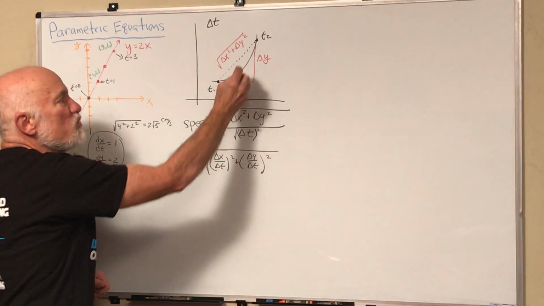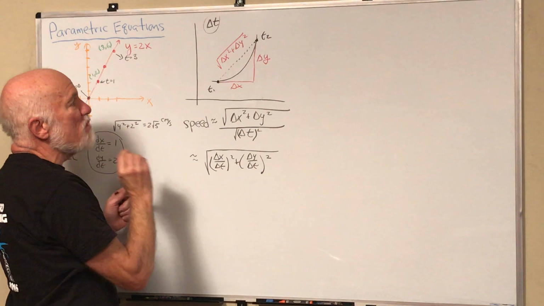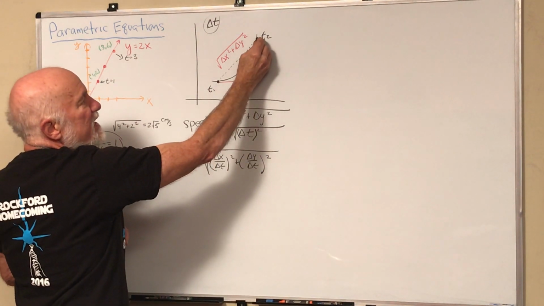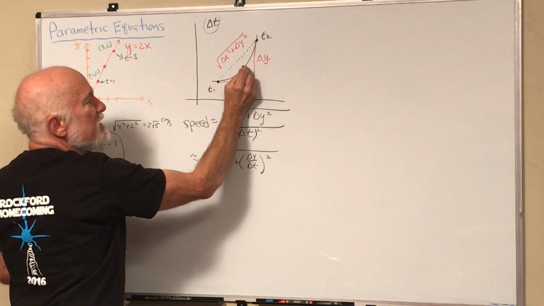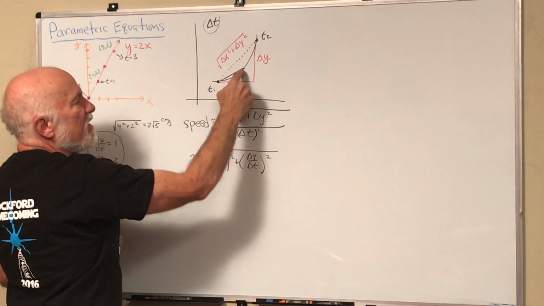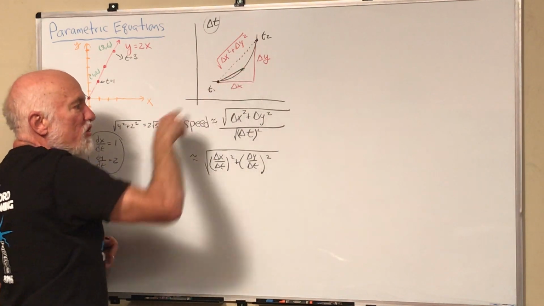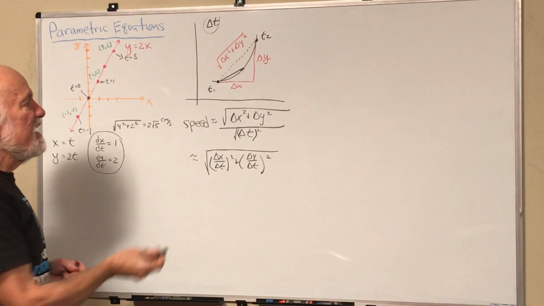Now what happens is we bring this change in time smaller and smaller. What if we bring t2 closer to t1? As we do that, the amount that we're off using the straight line versus the curve gets smaller and smaller.